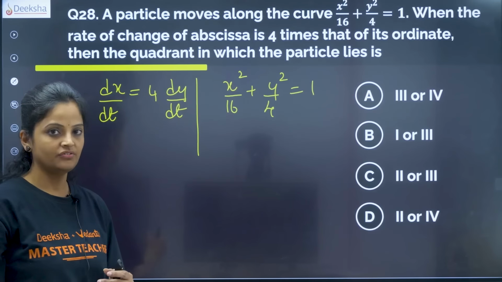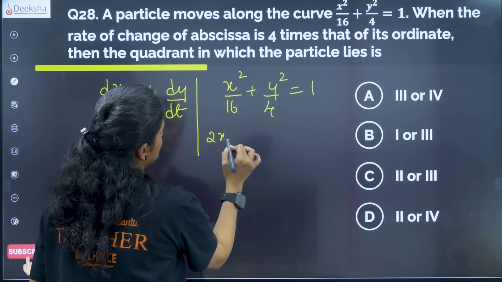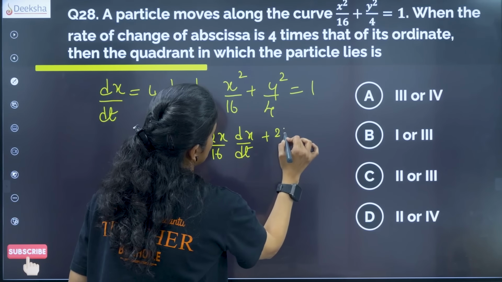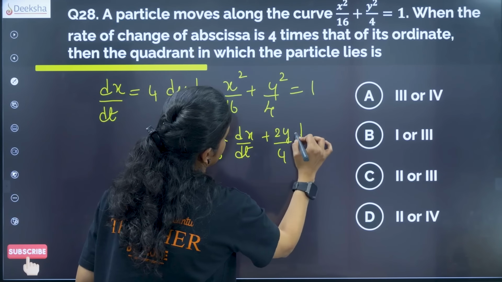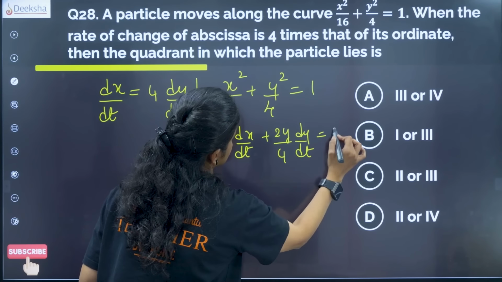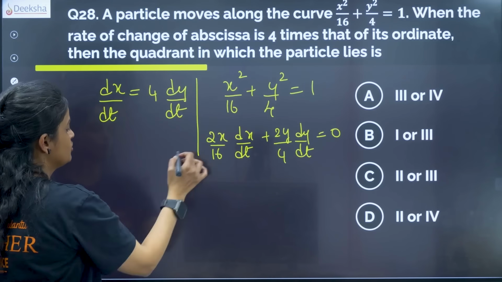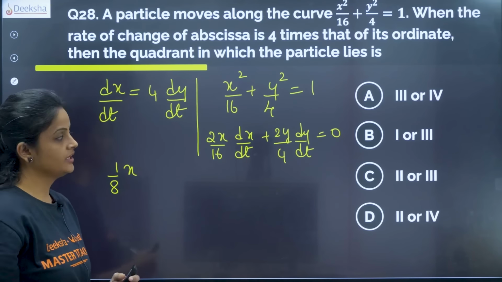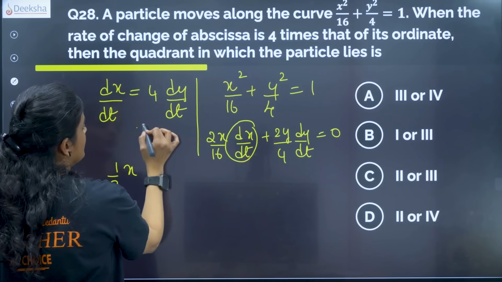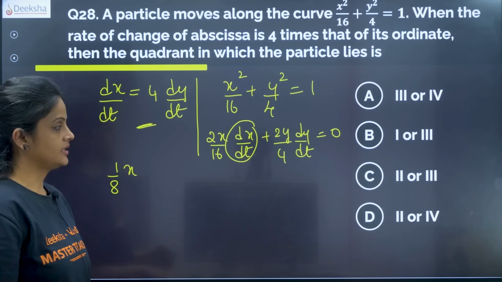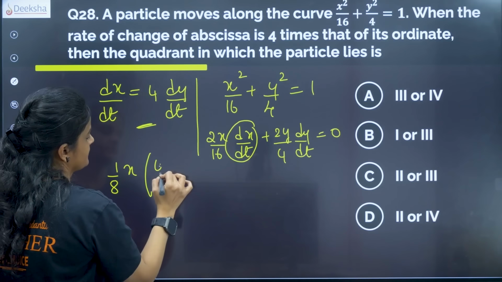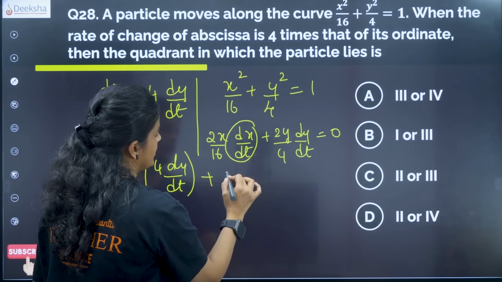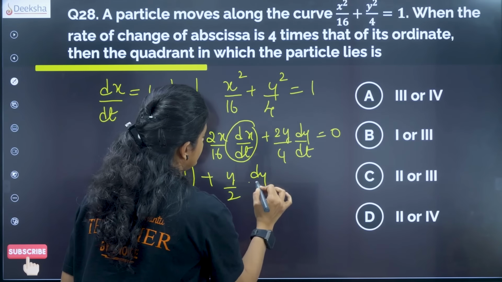So take this curve, differentiate. 2x by 16 dx by dt plus 2y by 4 dy by dt, this is equal to 0. 2 by 16 we cancel and it will be 1 by 8. Okay, for dx by dt, one data they have given, no? Apply that, 4 times dy by dt, plus y by 2 dy by dt.